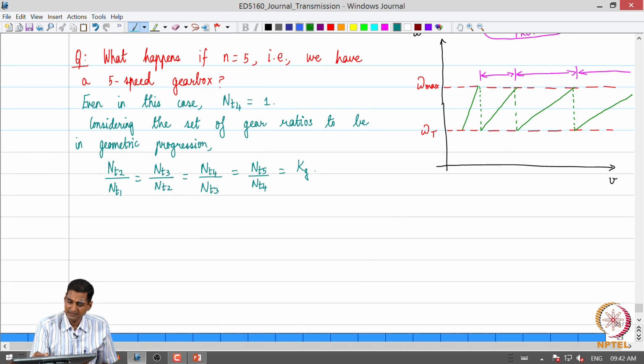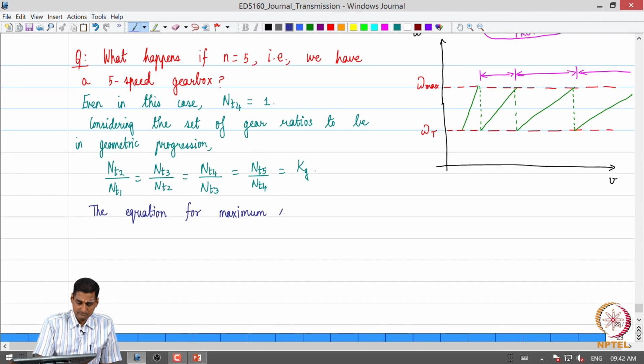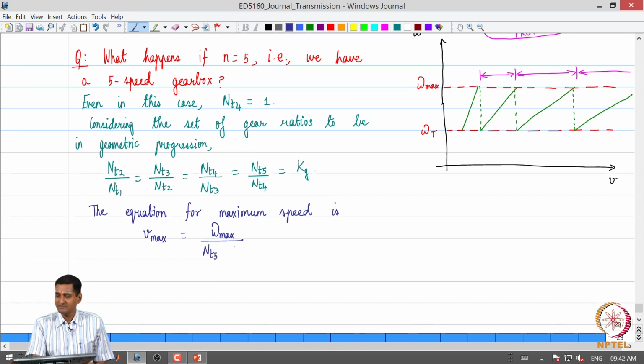Now in this scenario, the equation for maximum speed is, we are using the same equation, V max is going to be equal to omega max divided by NTN, here n is 5. So, we get NT5 ND RW times 1 minus lambda.